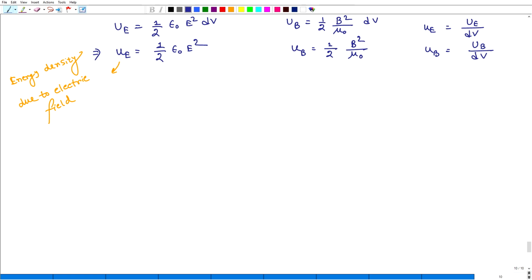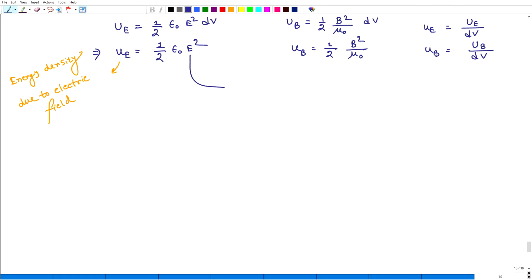Now, this is the energy density at a particular time. We have to take the average value, as the energy density is also changing, because the electric field is changing with respect to time.